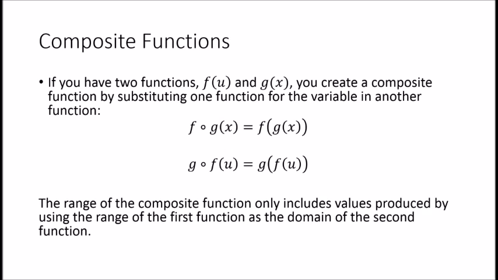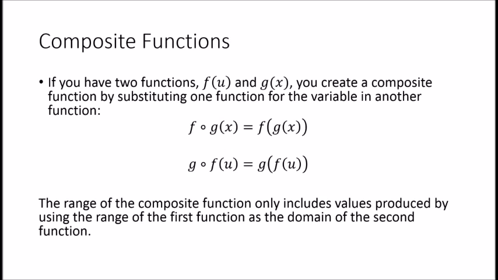If you're trying to think about the domain and range of a composite function, you're going to have items in the domain which successfully get processed through the entire function. So in other words, if you take an element that is in the domain of the first function, run it through that function, that produces an element that is in the range of the first function.